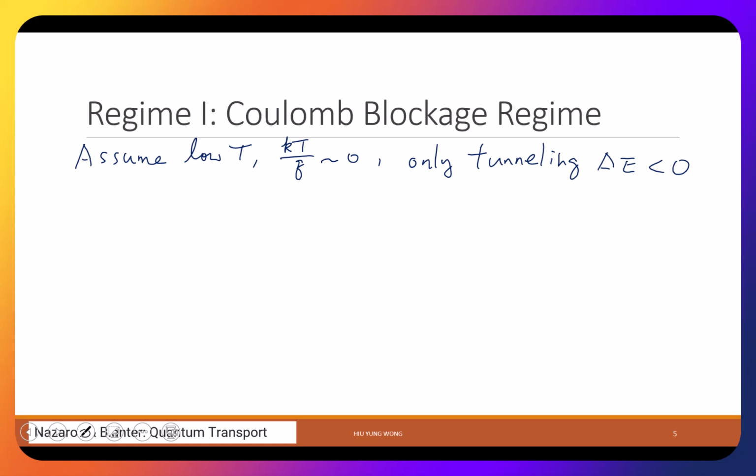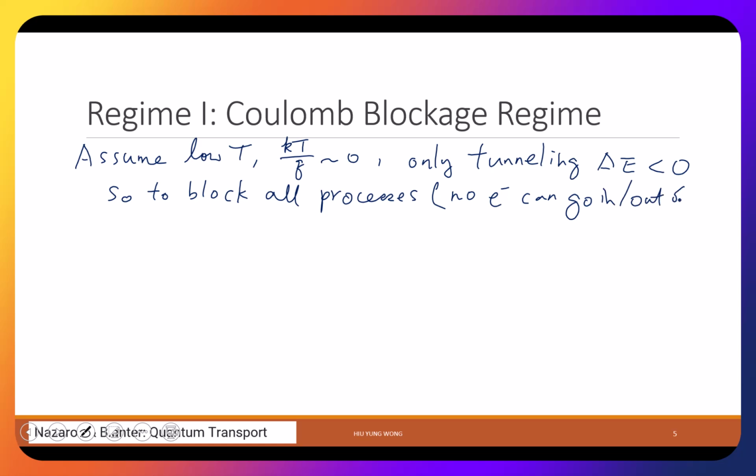Okay? So if I want to go into the Coulomb blockade regime, if I want to block all processes, what does it mean? No electron can go in and out of the dot. Make sense? I want to block all of them, right? Then what do I need?